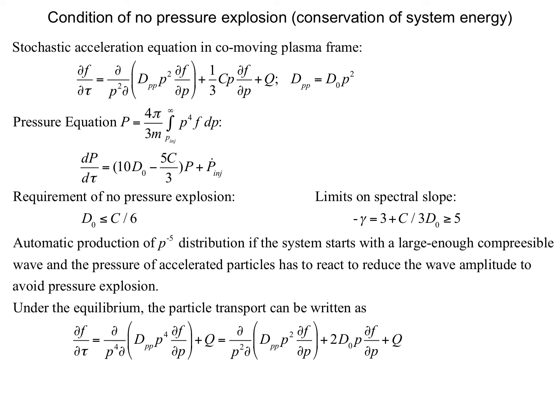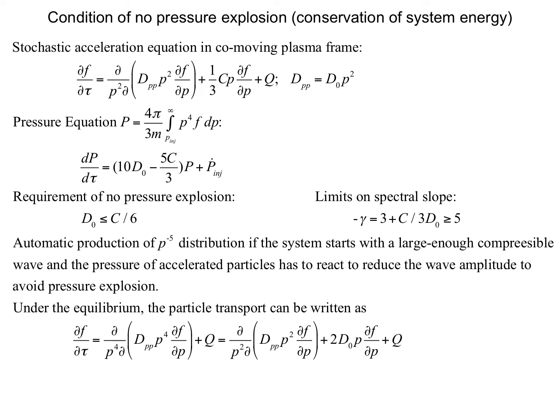So when the balance occurs, so that they have a limited amount of pressure in the accelerated particles, this quantity must be less than 0, so that at the limit they are equal, and then you get the limited spectral slope, which must be greater than 5.